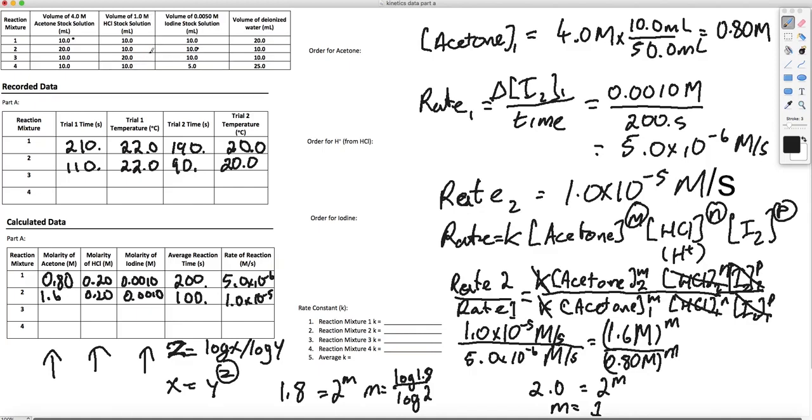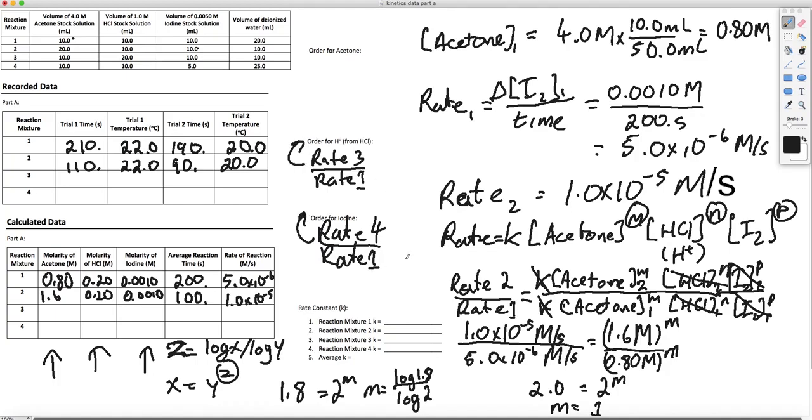So if we compare rate 3 over rate 1, we'll be able to get the order with respect to HCl. And for I2, you can see we've got 10, 10, 10, and 5 up here, and we would do rate 4 over rate 1 for the iodine. Right, that's for the iodine, that's for the HCl.